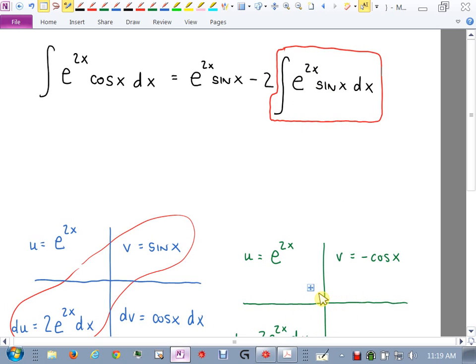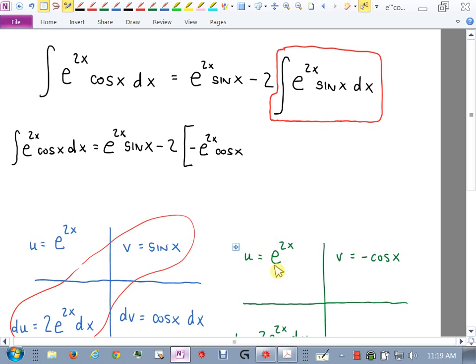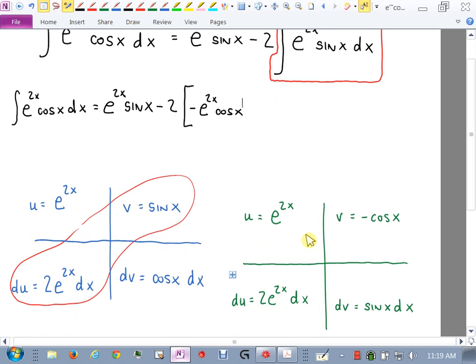Integral e to the 2x cosine x dx equals e to the 2x sine x minus 2, and then in brackets, here comes my ultraviolet minus voodoo. So ultraviolet is what? Negative e to the 2x cosine x, right? That's these two multiplied. And then minus integral voodoo.